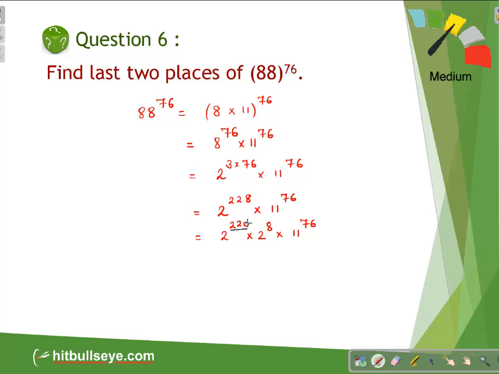Since this 220 can be written as 22 into 10 and we know 22 is an even number, that's why it will end in 76. Now what is 2 raised to power 8? That is 256, so it is ending in 56. We will consider only the tens place and the unit place.